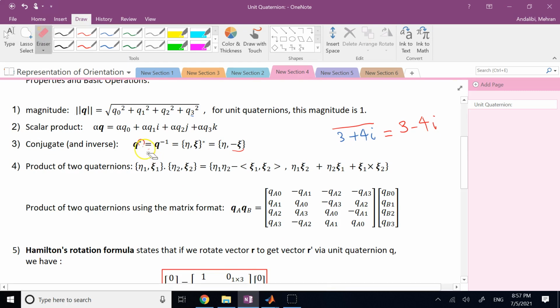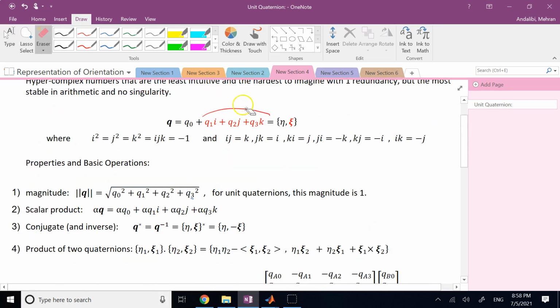So far we learned about multiplying them by a scalar and how to do conjugates. Now also addition and subtraction is very easy, right? I haven't written it here, but if I want to add two quaternions together, I have one q, which has q naught all the way to q3 k, and then another one, you might call it w, which has w naught all the way to w3 times k. When I add them, I add the corresponding elements together, correct?